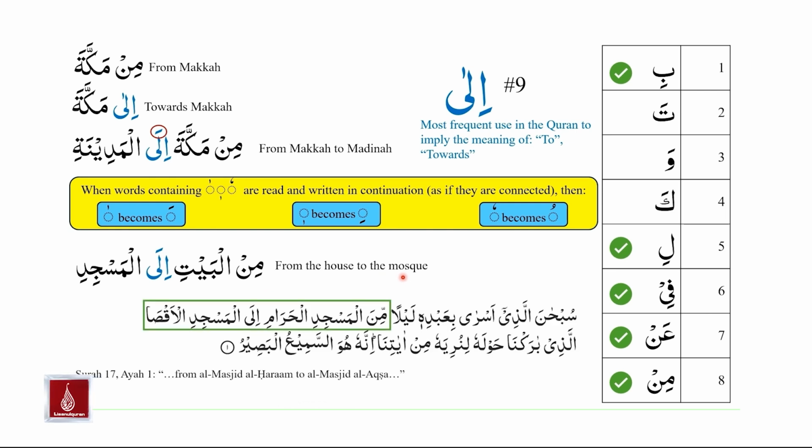In the Holy Quran, Surah number 17, ayah number 1, it is written, Min al-masjidil harami ilal masjidil aqsa, which can be translated as from al-Masjid al-Haram to al-Masjid al-Aqsa. Min brings out the meaning of from, and ila brings out the meaning of to. Once again, please note how ila is written because it is connected in the form of ilal masjidi.